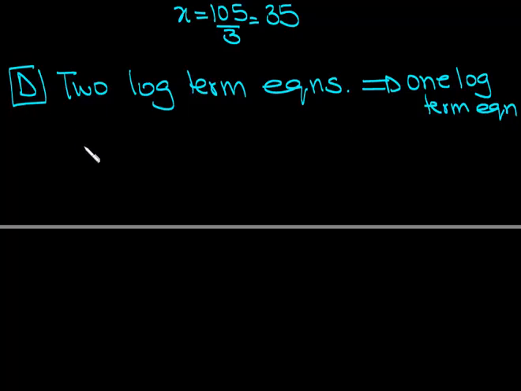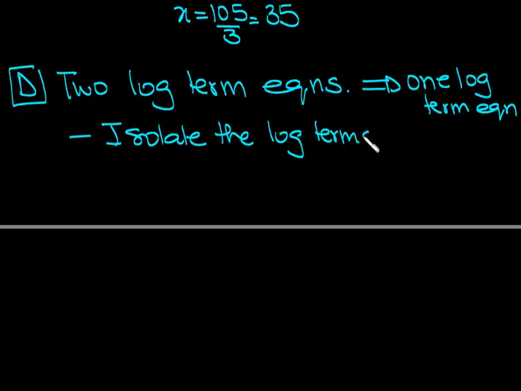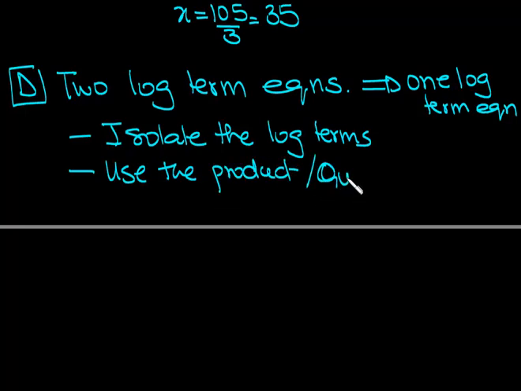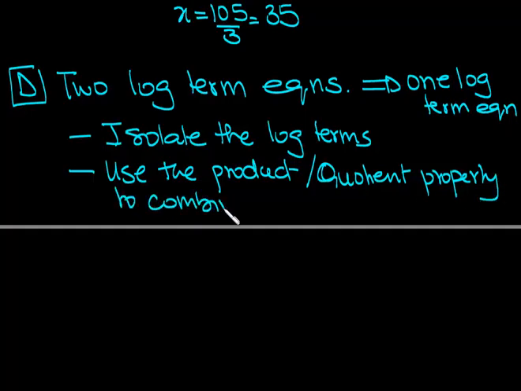What we want to do is first isolate the log terms, and then use the product or quotient property to combine the log terms.